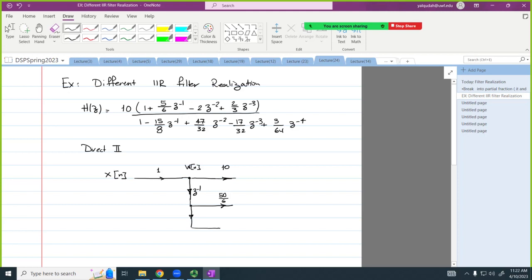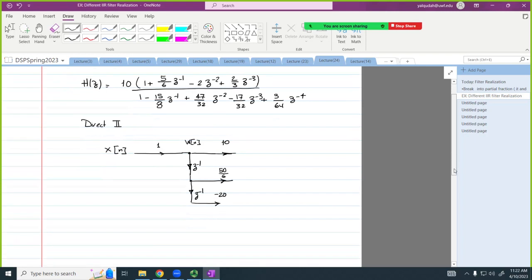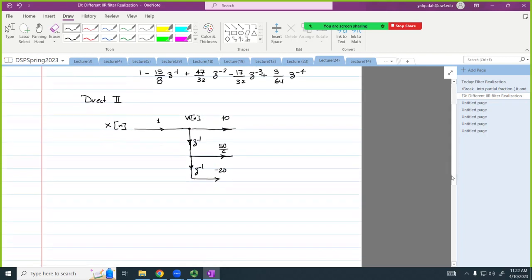And then we're going to have negative 20. It doesn't matter which side, right? No, it will matter. Verify it does not matter and let me know.